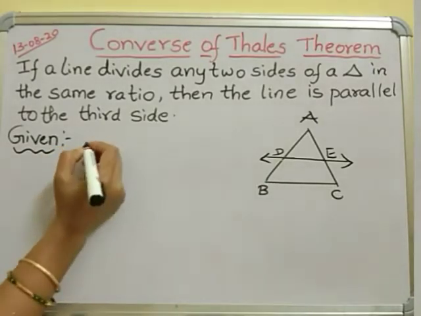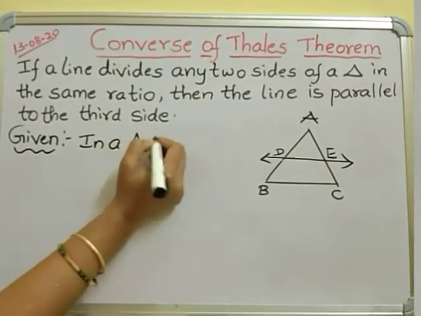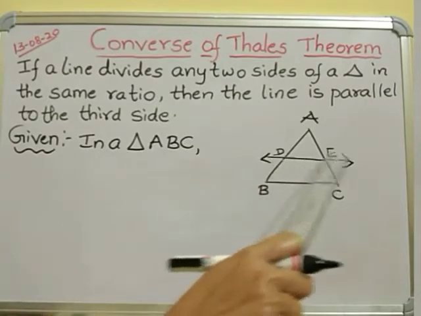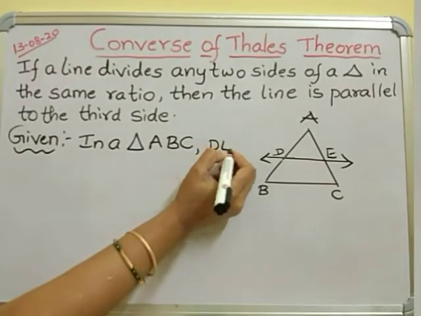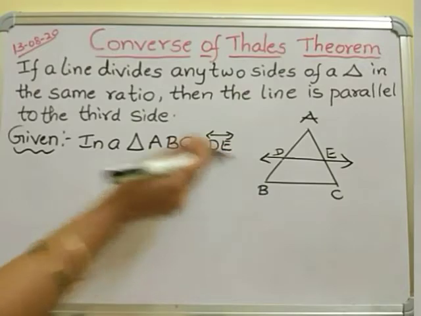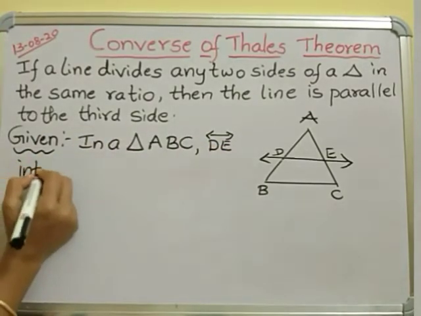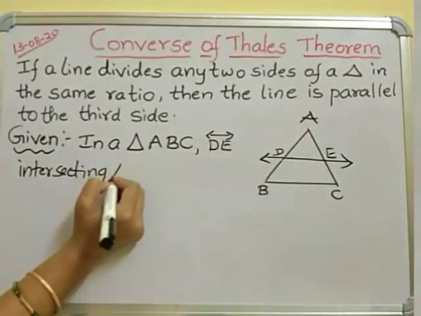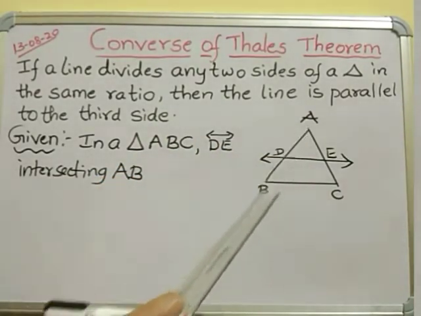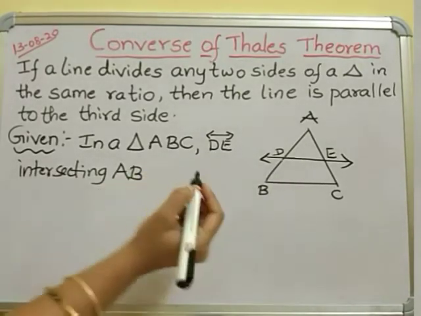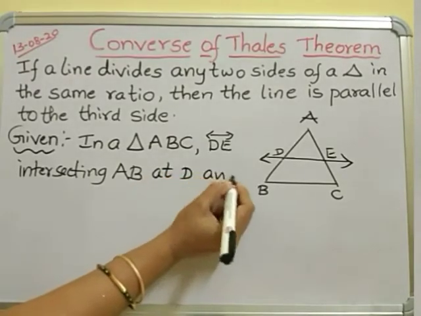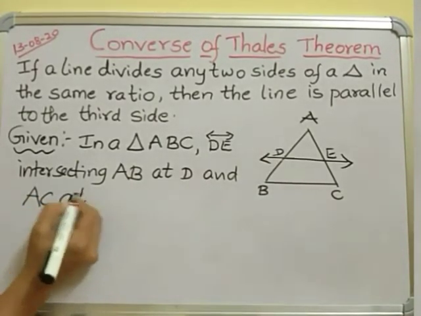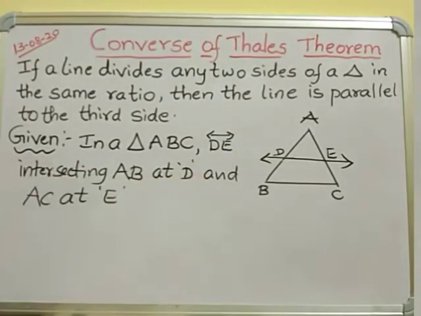A triangle ABC, and a line DE intersecting AB at D, and intersecting AC at E. Here it is D, here it is E.